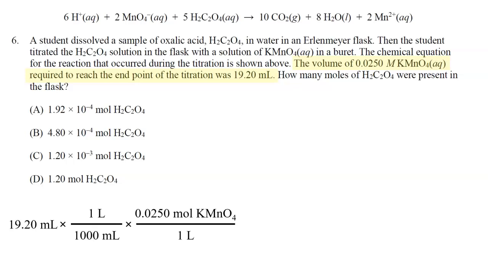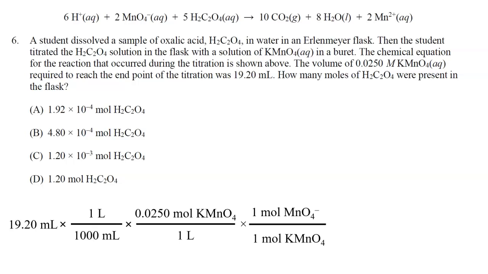Now, if you look at the balanced chemical equation, you'll notice that it says MnO4 minus on the left side of the equation. That's the permanganate ion. So for every 1 mole of potassium permanganate, KMnO4, there's 1 mole of the permanganate ion. So I'm just showing you that as a conversion factor to go from moles of potassium permanganate to moles of the permanganate ion.